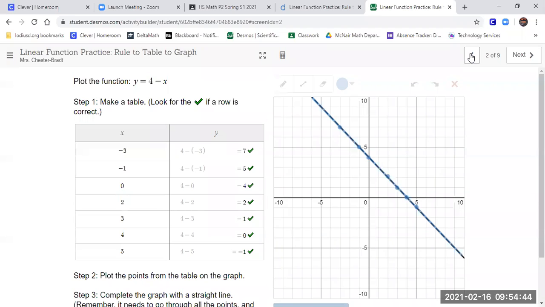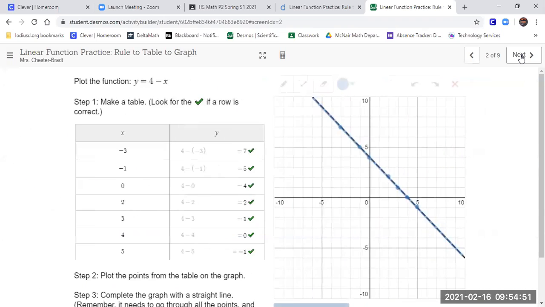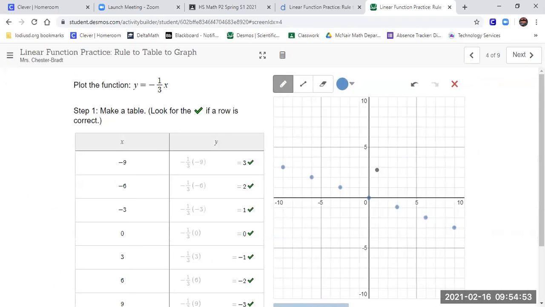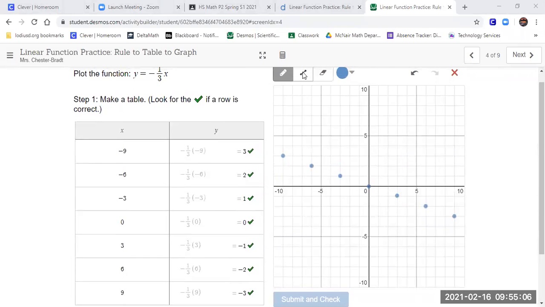On this one, 3, 2, 1, 0, 2, 3, 4, 5. Okay, so we're looking at number 4. What did they do special with the x's because of our rule? Who sees it?